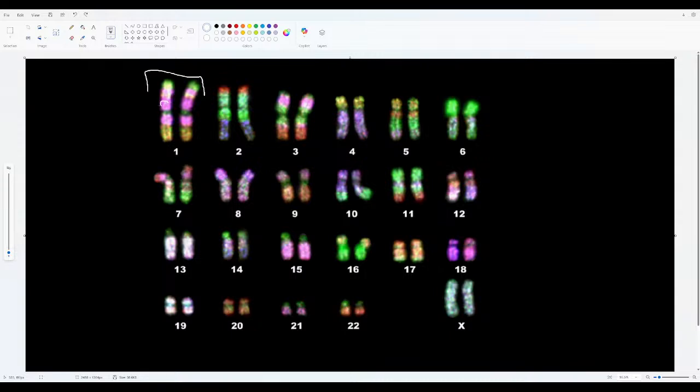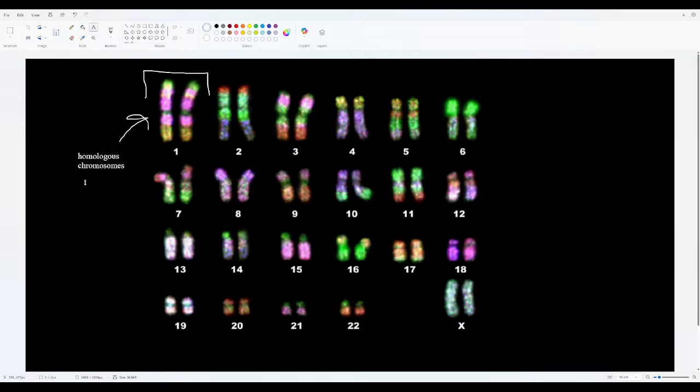We have these little pink regions and this little green region in the middle, and these little lime green regions on the ends. We take these patterns, does 3 have those? No, not really. How about 10? No. 16? Not even close. So these pairs we consider to be homologous chromosomes.